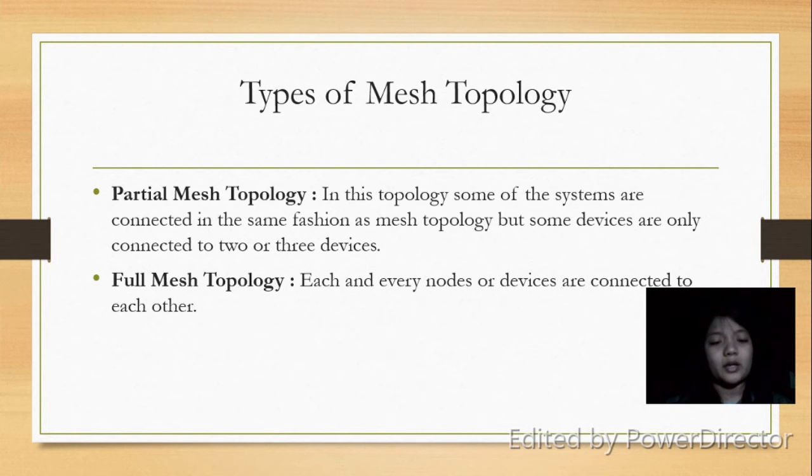Then in the full mesh, each and every node or device is connected to each other. So if the partial mesh is two or three devices connected to two or three devices only, the full mesh topology is each and every node, which means all are connected to each other.